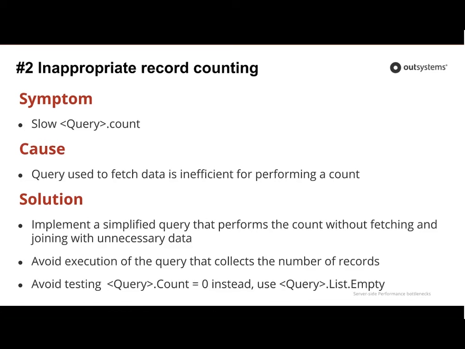You end up knowing if you have records or not, but from the database access point of view, you are going to reduce one query. If you multiply this by the number of queries that you have, you will get a huge improvement.